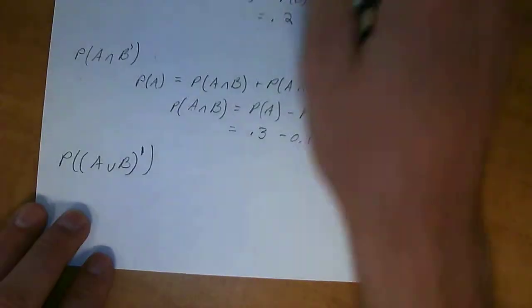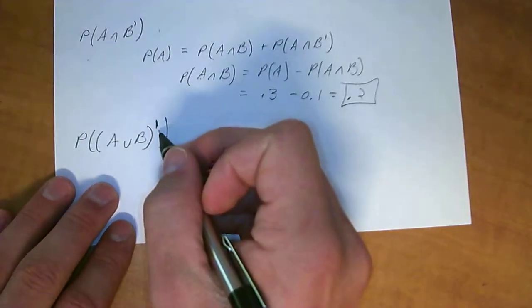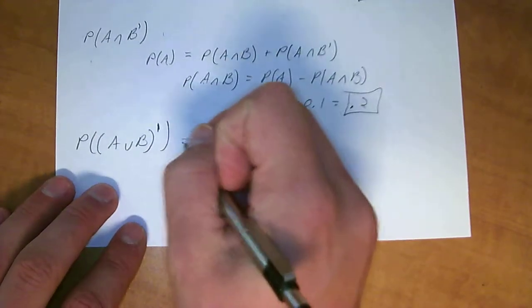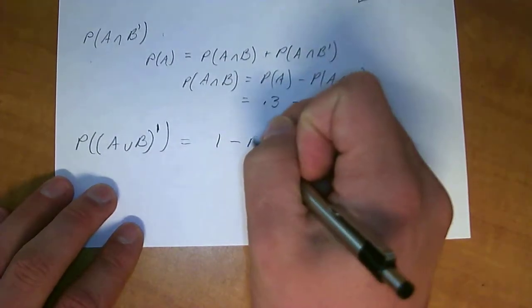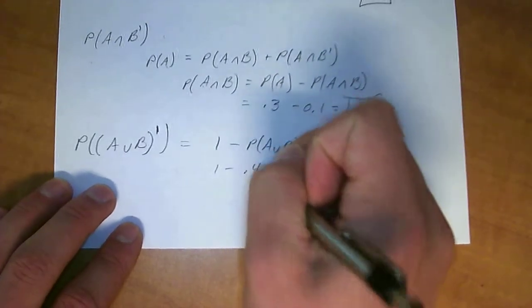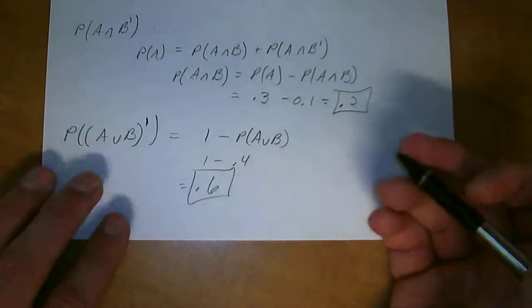We found it up here, 0.4. So in order to get the not, you just take 1 minus the probability of this entire thing, which is equal to 1 minus the probability of A union B. So 1 minus 0.4, which is equal to 0.6. Bada bing, bada boom. There you go.